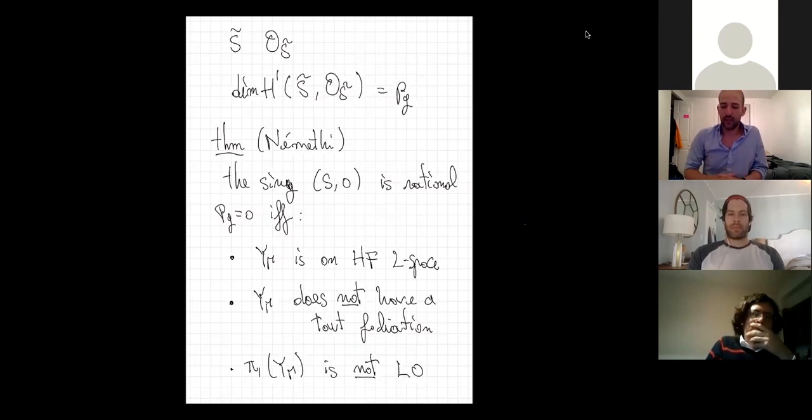So this is the point of view of the low dimensional topologist. The point of view of the algebraic geometer is that somehow we succeeded in connecting, through Heegaard Floer homology, the geometry of the singularity, namely the vanishing of the geometric genus, to a property of the fundamental group.